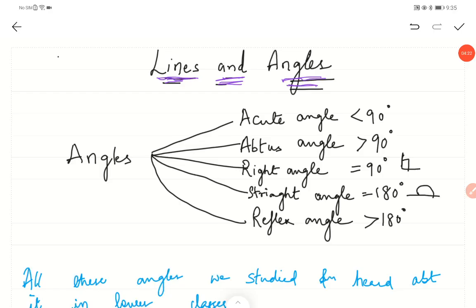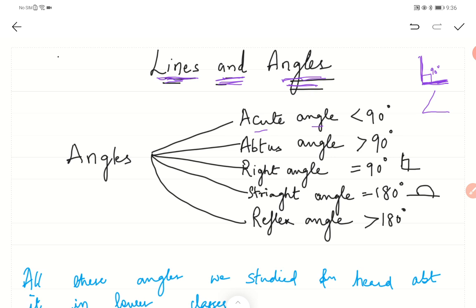So whenever two lines are intersecting, this is a line and this is another line. This angle formed is 90 degrees, isn't it? If the angle formed when two lines intersect is less than 90 degrees, it is called an acute angle.